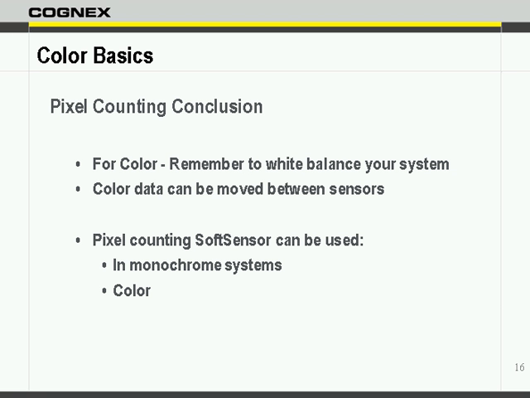Also, another point is that pixel counting tools or soft sensors can also be used in monochrome systems. And that's because our pixel counting tool is exactly what it's called, and it basically counts pixels of a certain intensity. This intensity could be grayscale intensity, or it could be a particular RGB color model or group of colors.